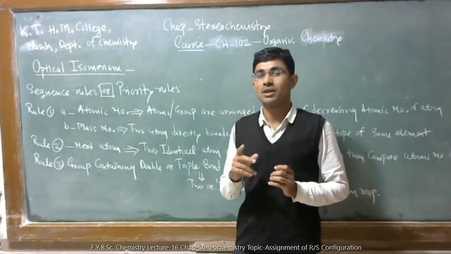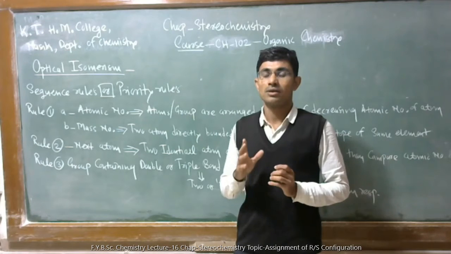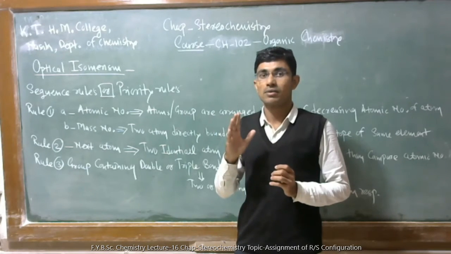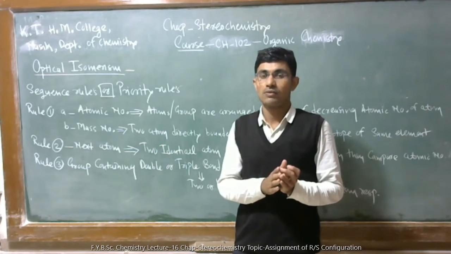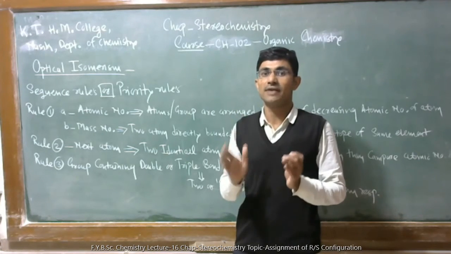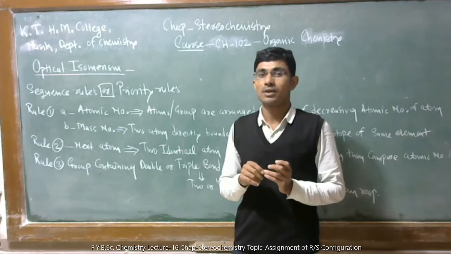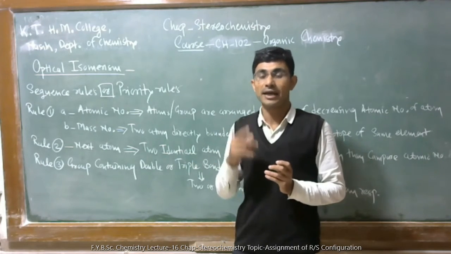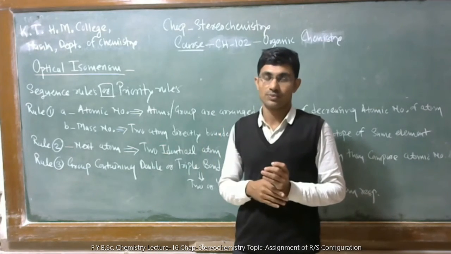If the sequence of groups with decreasing priority is in a clockwise direction, we assign the R configuration. When the sequence of groups with decreasing priority is in an anti-clockwise direction, we assign the S configuration.